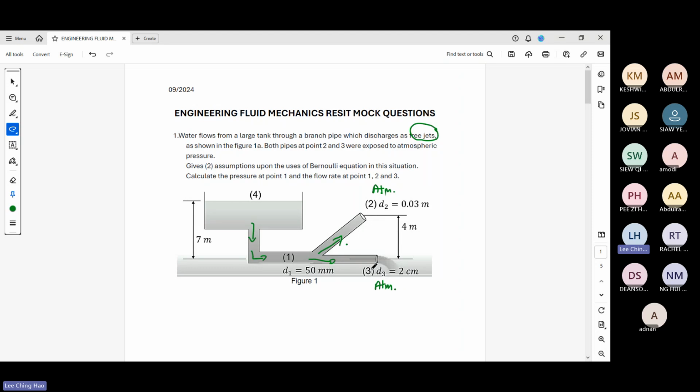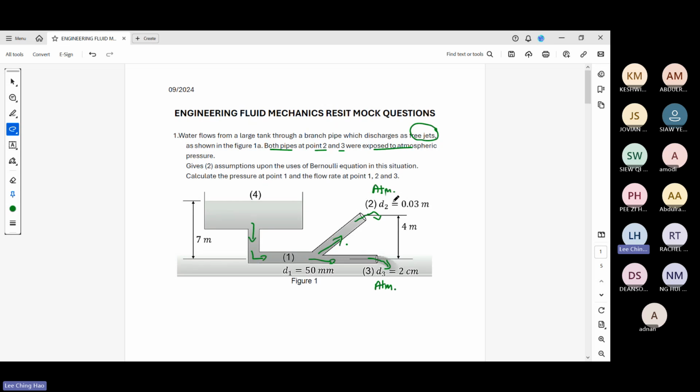Will it have some velocity there? Yes. Why? Because the water will flow out freely. Flowing out freely doesn't mean that the velocity is zero, but instead the pressure is atmospheric pressure. So that's why you see both pipes at point 2 and point 3 are exposed to atmospheric pressure.